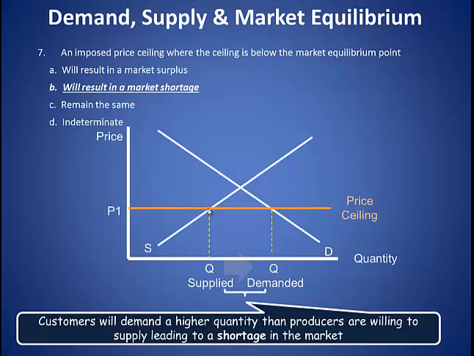So you have a quantity supplied of so much, Q right here, yet the quantity demanded is going to be far in excess of that. So in effect, customers will demand a higher quantity than producers are willing to supply, leading to a shortage in the market instead of letting the market reach market equilibrium.